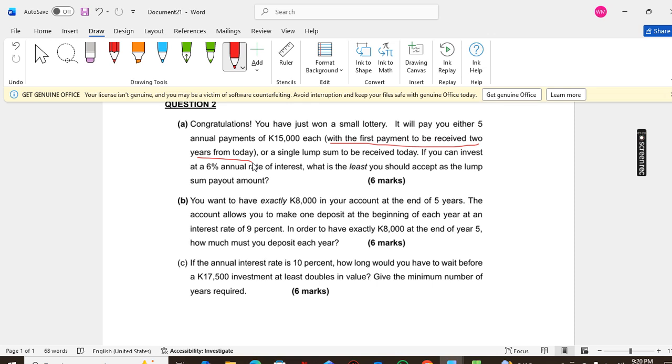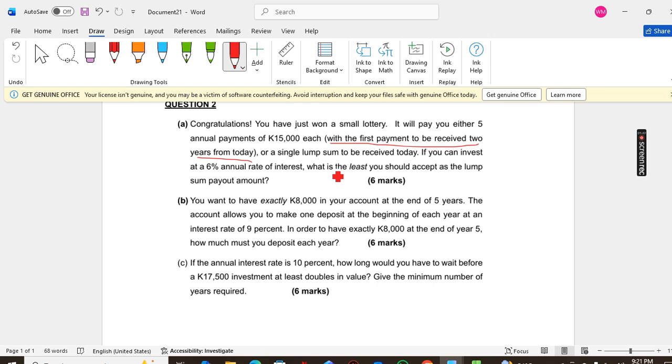Okay, so to find this lump sum which we should accept, we have to find the present value of this annuity. Okay, we find the present value of this annuity, and that's going to tell us the lump sum that we're going to get.